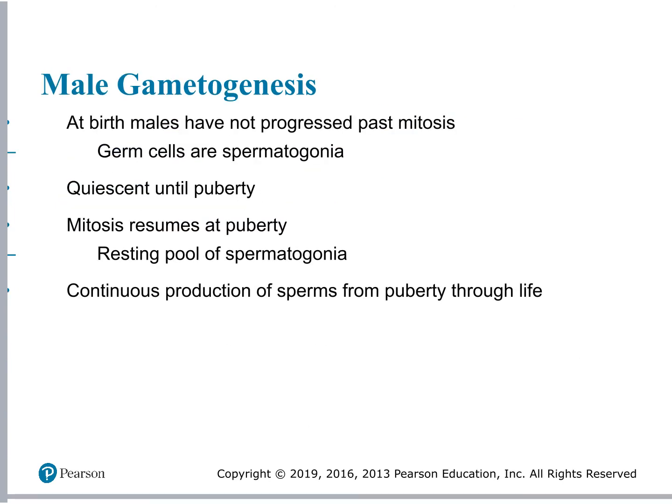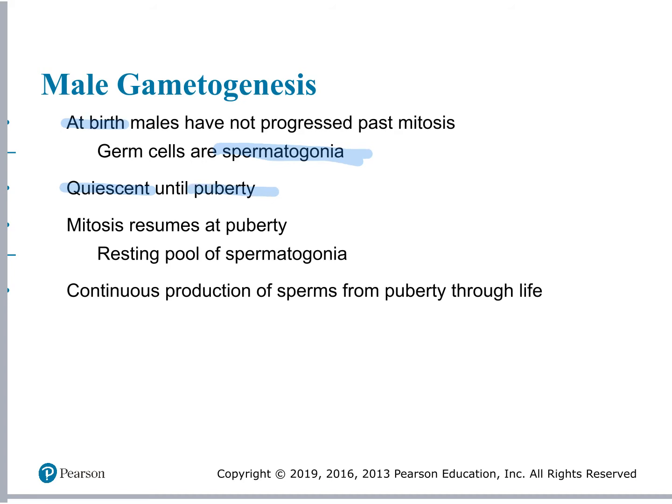For male gametogenesis, the primordial sperm cells, the stem cells for sperm, are called spermatogonia. Spermatogonia develop and multiply by mitosis. It starts before birth, but then at birth, it stops. So at birth, the spermatogonia stop dividing, and quiescent means it is quiet until they reach puberty.